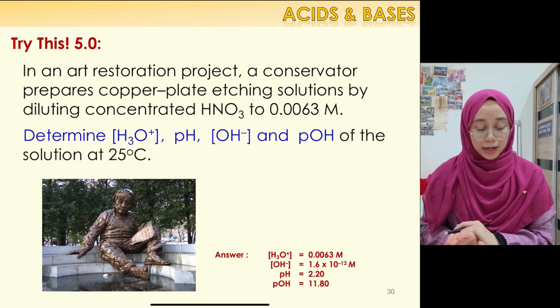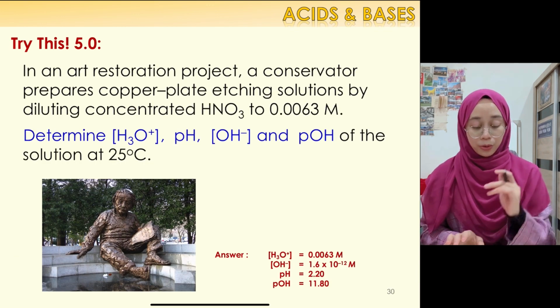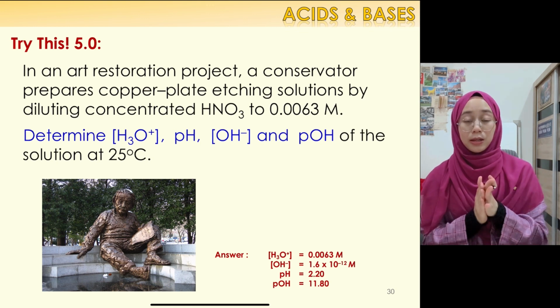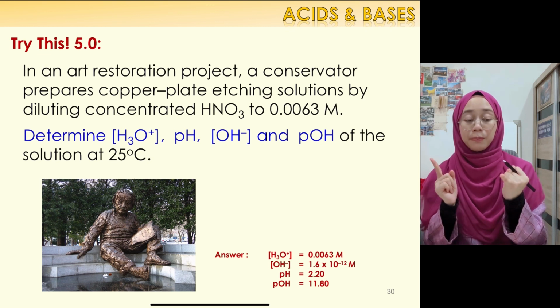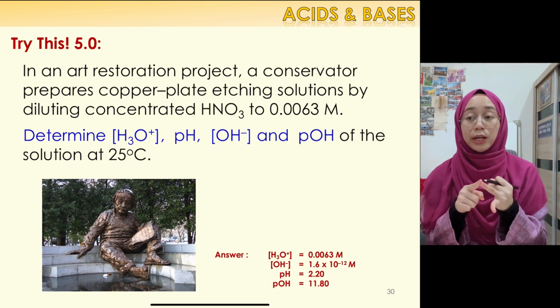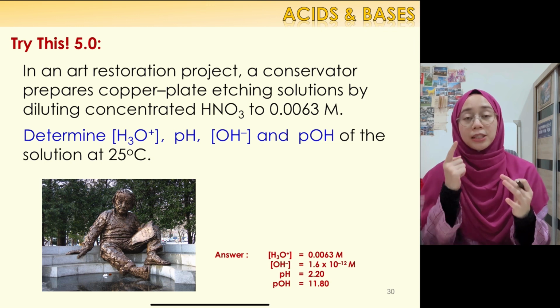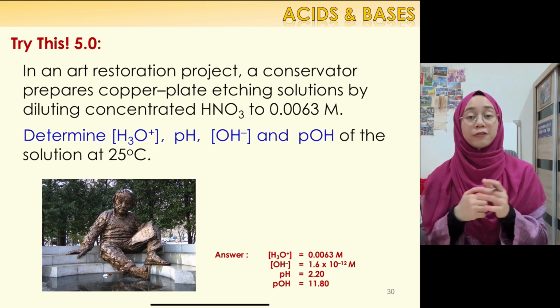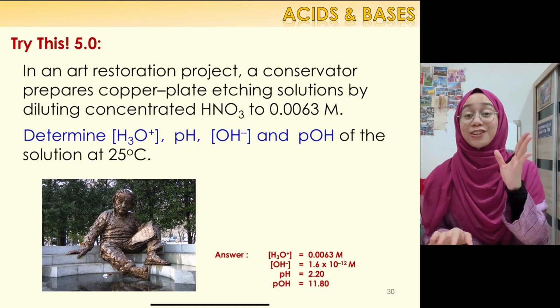Okay, and then untuk kita punya 5.0 ni, nanti kamu just try to apply apa yang kita baru belajar tadi by using pH punya formula, pOH punya formula, and then apa relationship antara pH dengan pOH. Okay, so yang kat sini semua calculation involve strong acid, strong base sahaja.